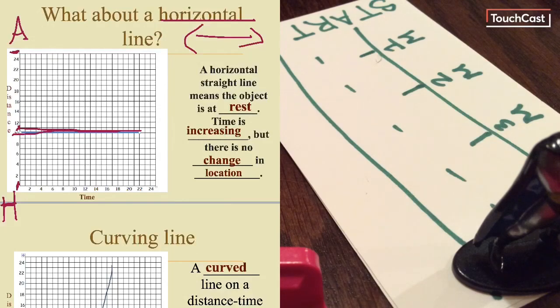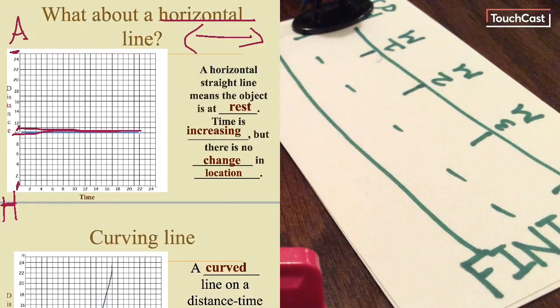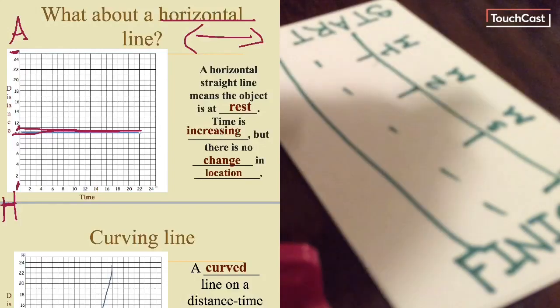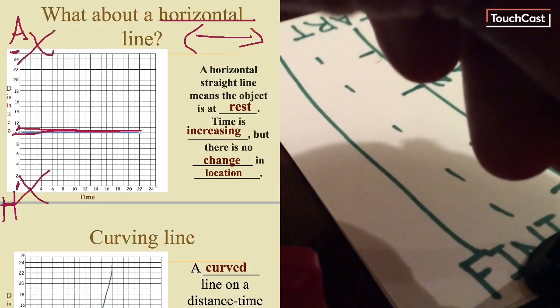Home is my starting point. A is my finishing point. If I look here, should Batman be at the starting point? No, he shouldn't. He's standing somewhere in between the start and away. So where do I need to put him? He doesn't need to be at start. He doesn't need to be at finish, because he's not up here and he's not down here.